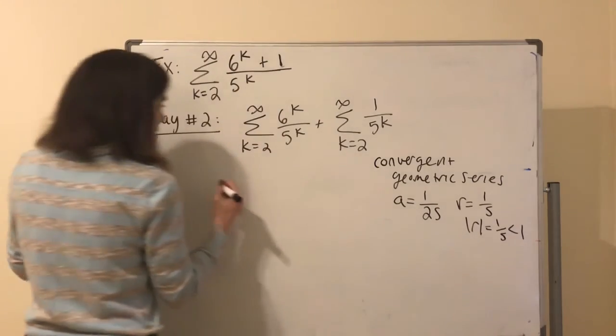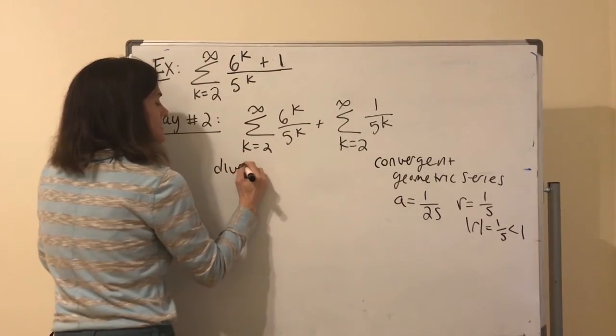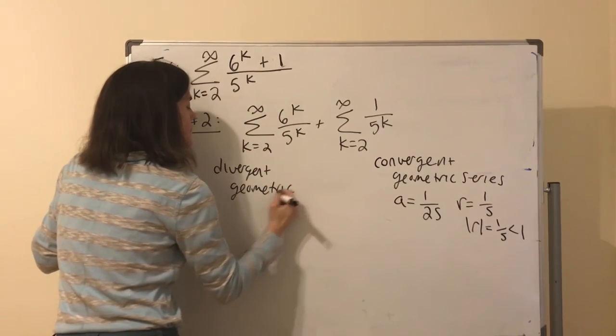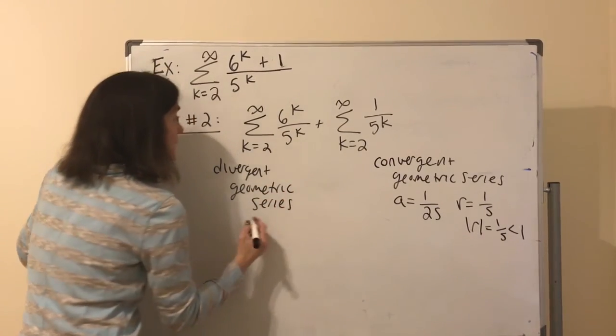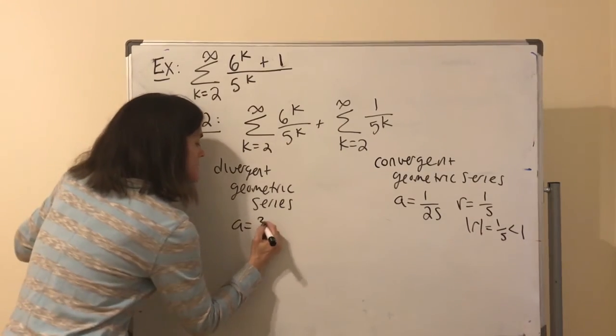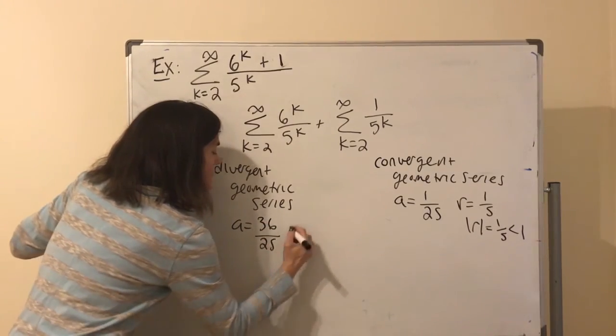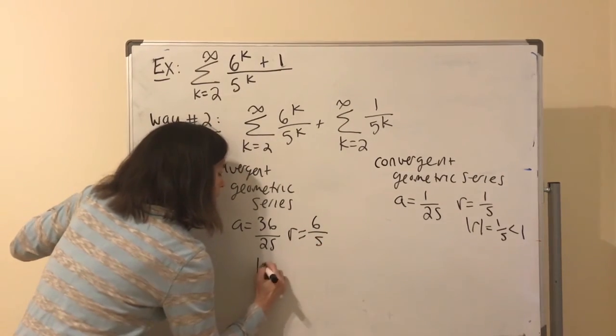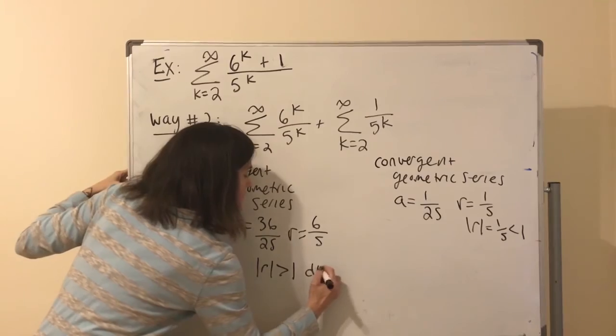But this one, divergent geometric series. A, which is 6 squared over 5 squared, is 36 over 25. r is 6 over 5. Absolute value of r, bigger than 1, diverges.